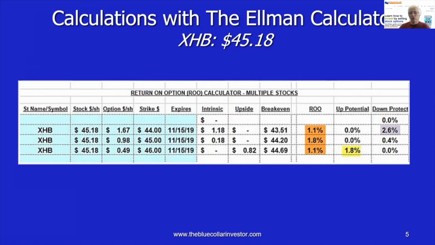So this bullish trade gives us the possibility of a 2.9% 1 month return. Now, there's no downside protection of that 1.1% when we use an out of the money strike, but it will give us a lower break even, of course, which is the price of the stock minus the entire premium.